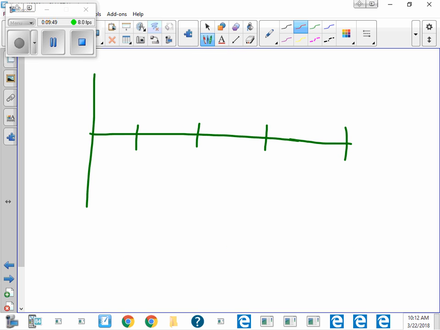Okay. Let's do a hard one. Let's do number 14. -2 sine of theta plus pi over 6. Okay? So my period is still 2 pi.